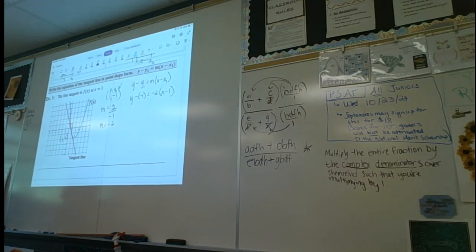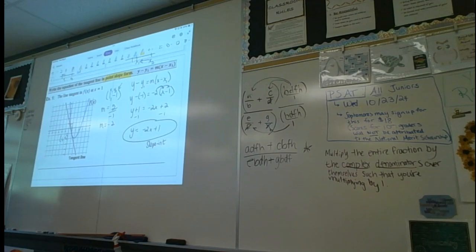So we should have y plus 1 is equal to, distribute your -2, -2x plus 2, subtract 1, you get -2x plus 1. Okay. This would be slope intercept. If it just says, I think actually I didn't read the directions.